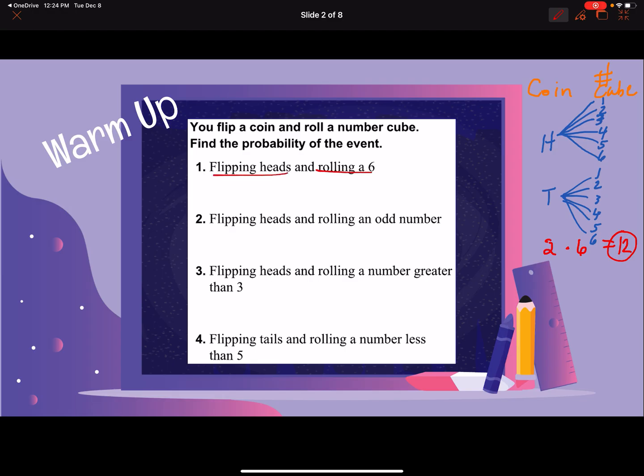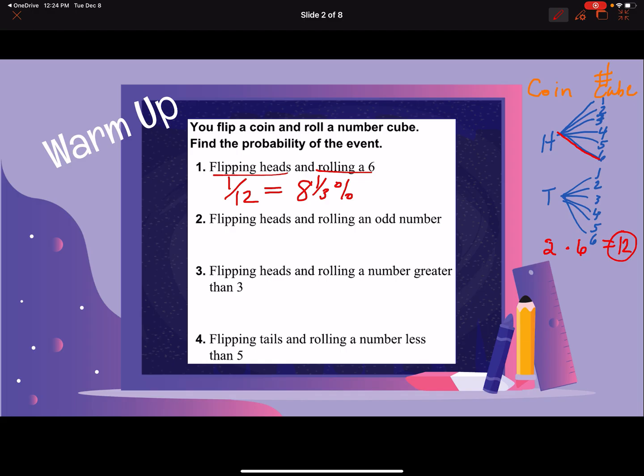So I'm going to see how many of these have a head and a 6. So this one, and nothing from the tail. So I have 1 out of 12, which is the same thing as 8 and 1/3% probability.